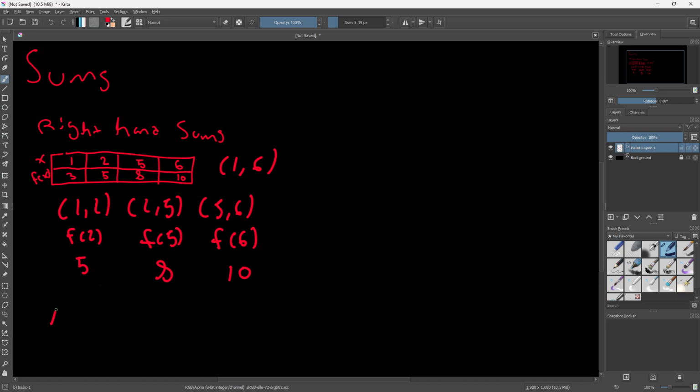And so area equals height times base. So since there's 3 subintervals and 3 rectangles, there's going to be 3 different areas, and you're going to have to add each of them up because it's a sum, right?